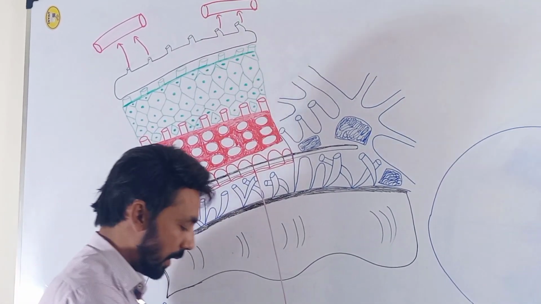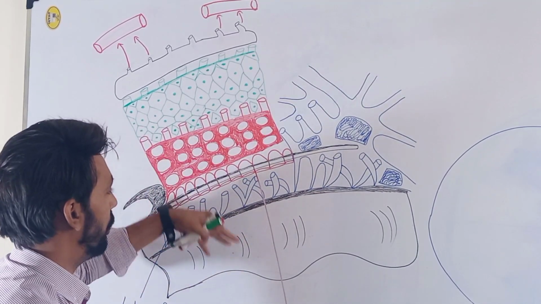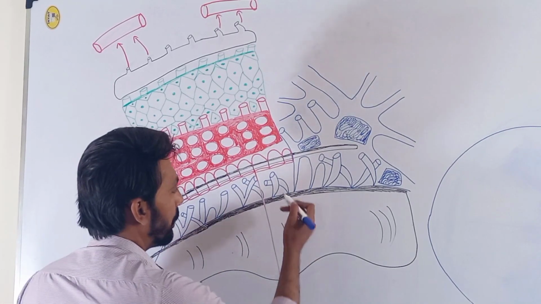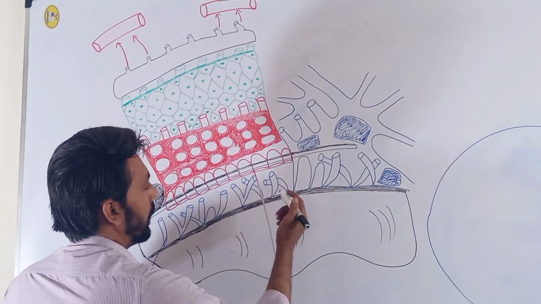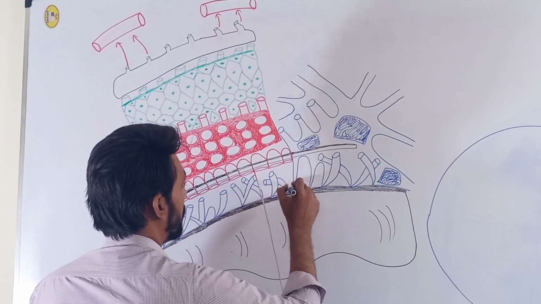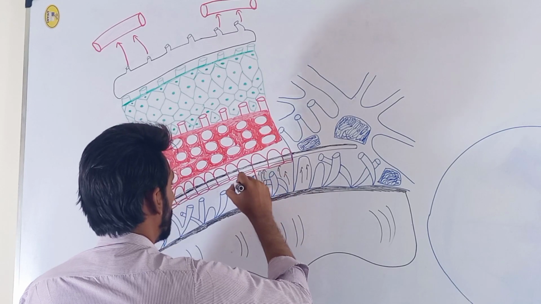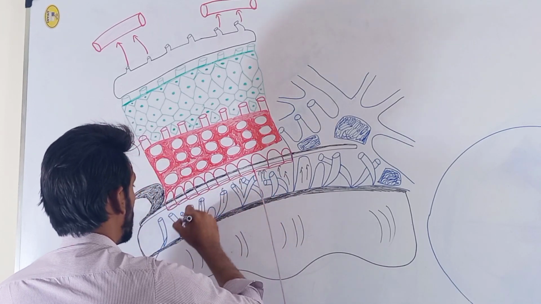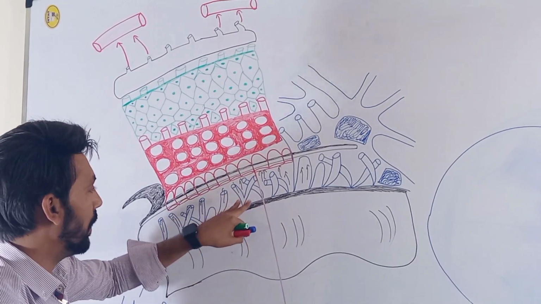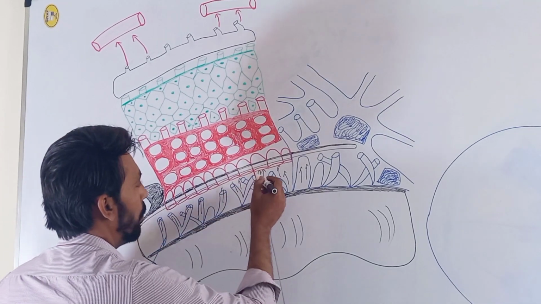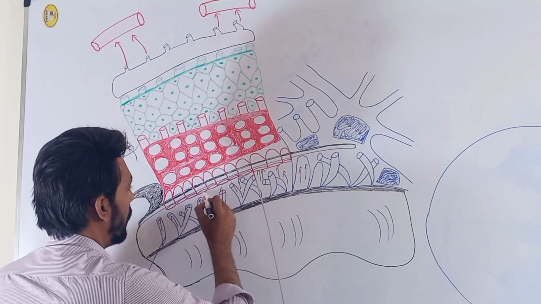The aqueous humor, as you know, is drained through these trabecular meshwork structures. First of all, it will go into the uveal meshwork. You see, these are thin cord-like structures. From there the aqueous humor will travel through the uveal meshwork, and then, as you see, these are openings of the corneoscleral meshwork.